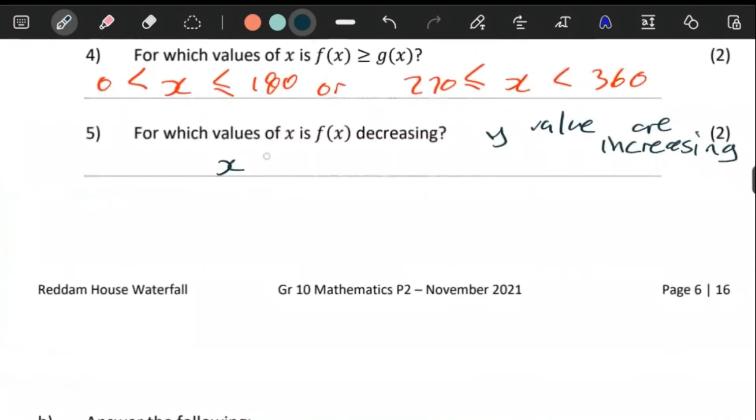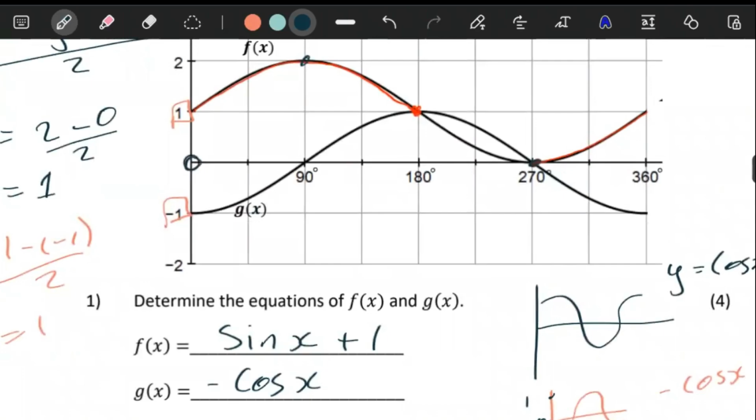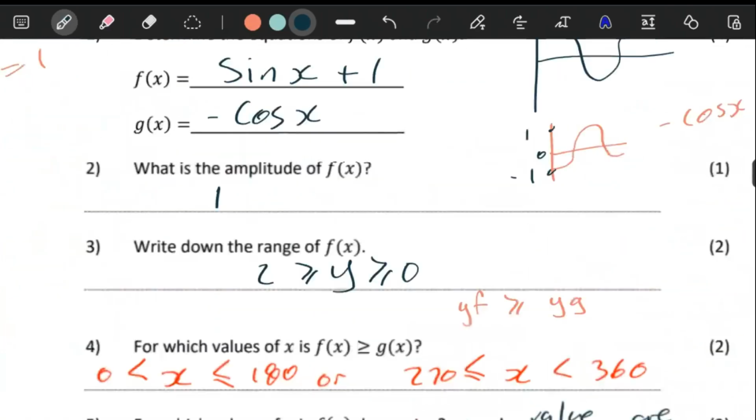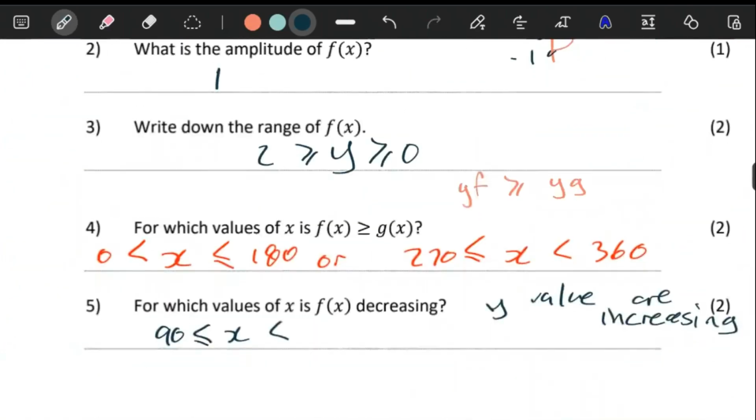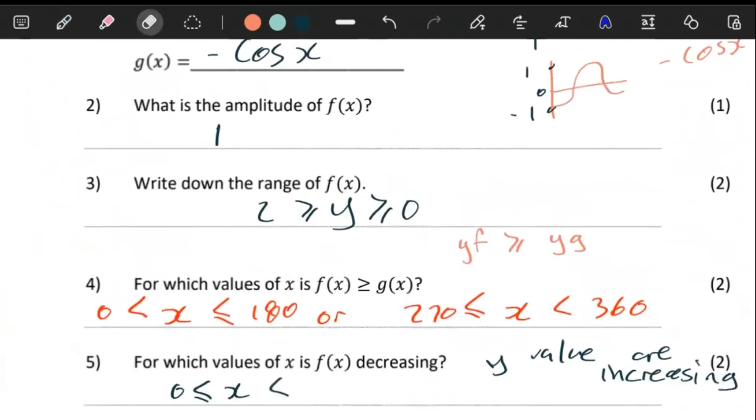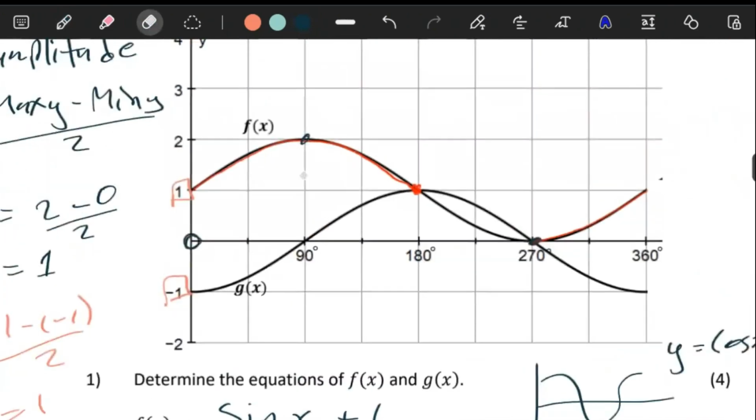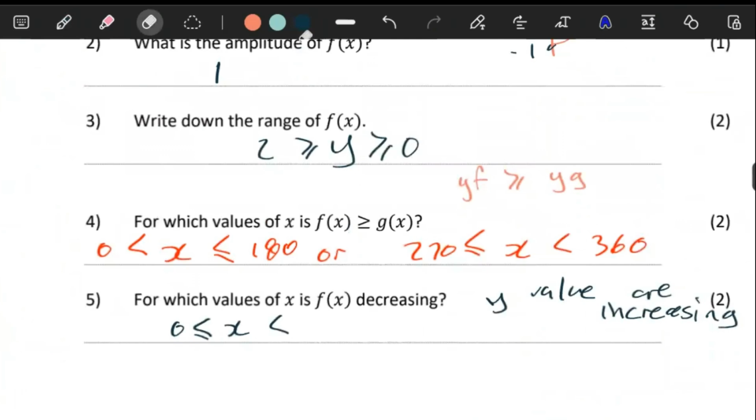Let me write it this way. X values have to be bigger or equal to 0 until 90. Smaller than 90. Bigger or equal to 0, but smaller than 90.